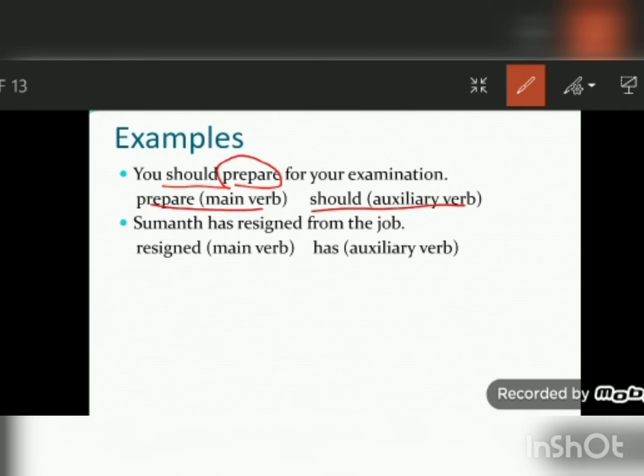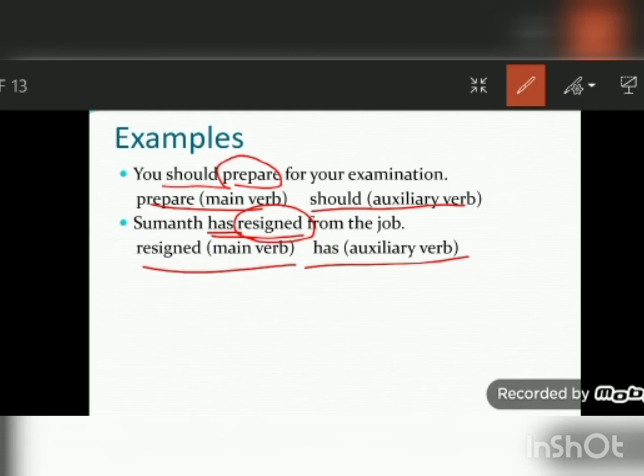Here should helps the main verb prepare in order to express the meaning. Similarly, the second one, Sumant has resigned from the job. Here has is the auxiliary verb and resigned is the main verb.